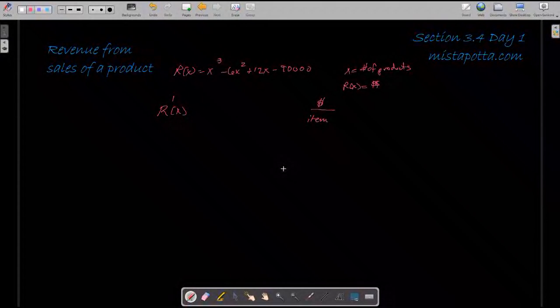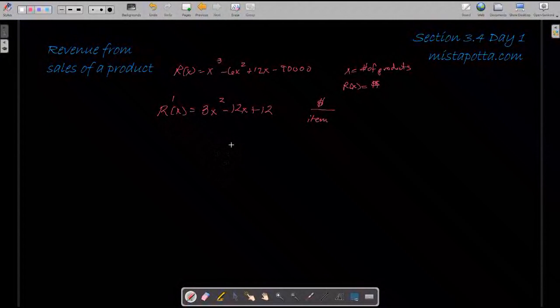In other words, this is how much my revenue is going to be increasing or decreasing based on each new item that I sell. So the derivative here is 3x squared minus 12x plus 12.